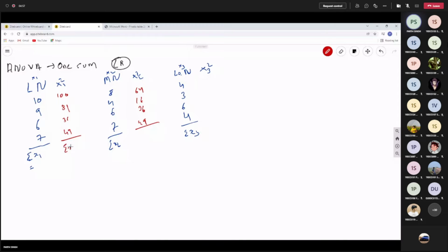Summation of x1 whole square, summation of x2 whole square, and here 16, 9, 6, 36 and 49. यहाँ पे भी हम लेंगे summation of x3 का square. So here I will be getting, मैं directly answer लिख रहा हूँ, 266. Here I will be getting 165. Here I will be getting 77.